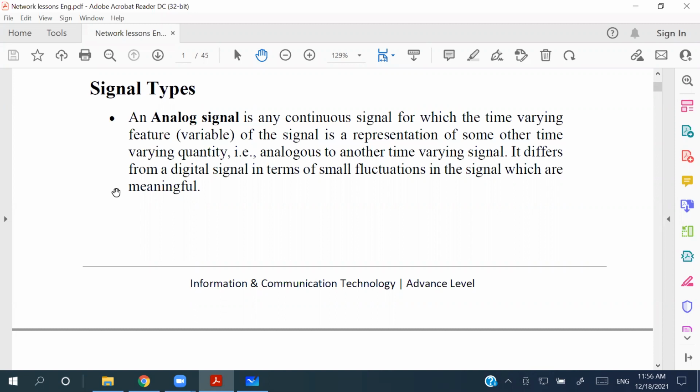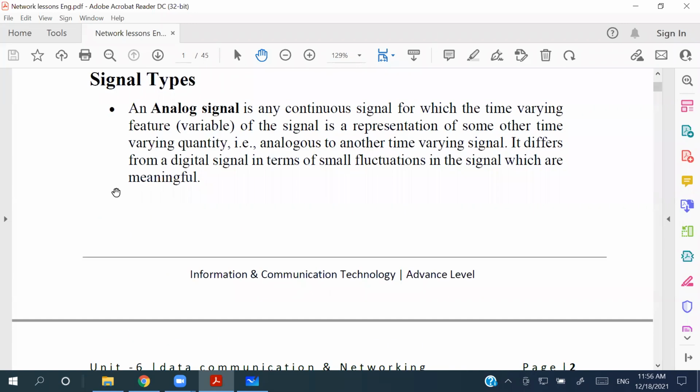So there are two types of signals, right, which we call analog and digital. So the analog signal, we define it as any continuous signal for which the time varying feature of the signal is a representation of some other time varying quantity.